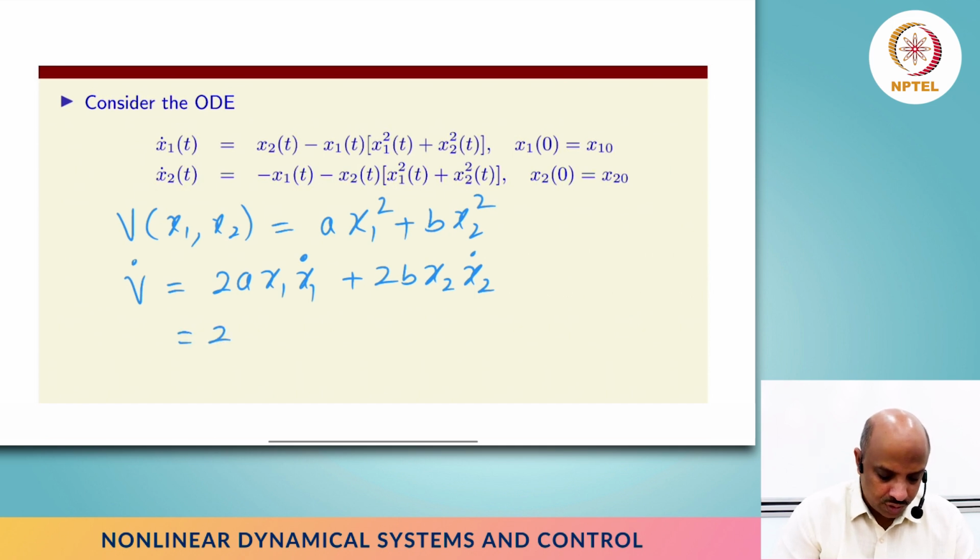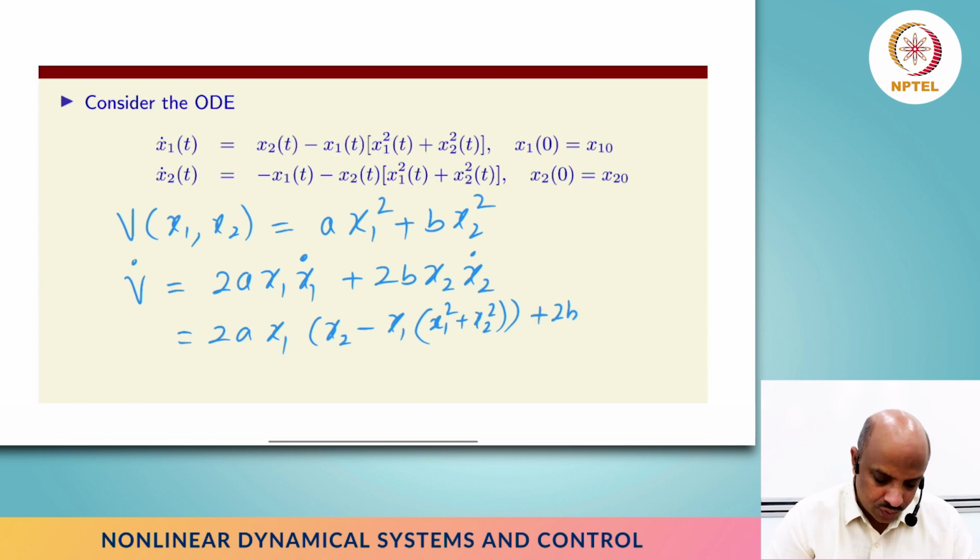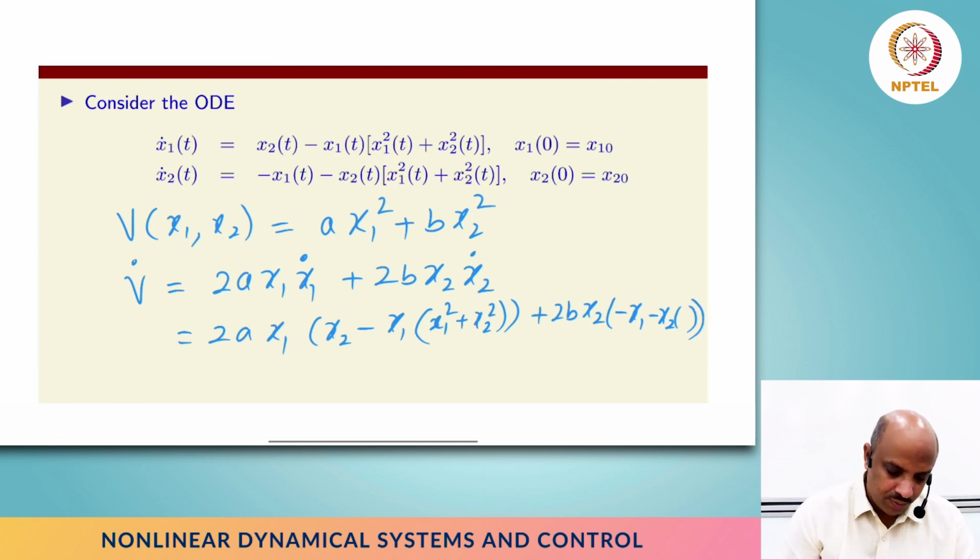When I substitute that, 2a x1 times x2 minus x1 times (x1 squared plus x2 squared), plus 2b x2 times (minus x1 minus x2 times that function).